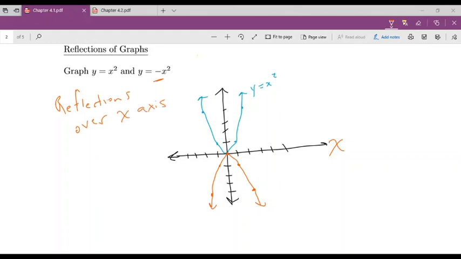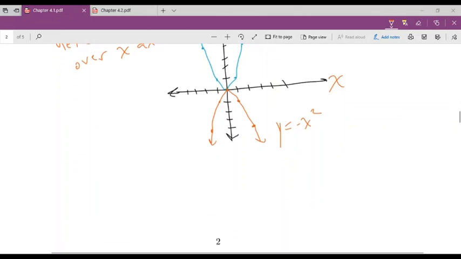Okay, easy enough, right? So those are easy enough to graph. And if you want to be specific here, you can say y equals negative x squared. But essentially what you need to know is that negative, all it does out front, it flips the graph over the x-axis.